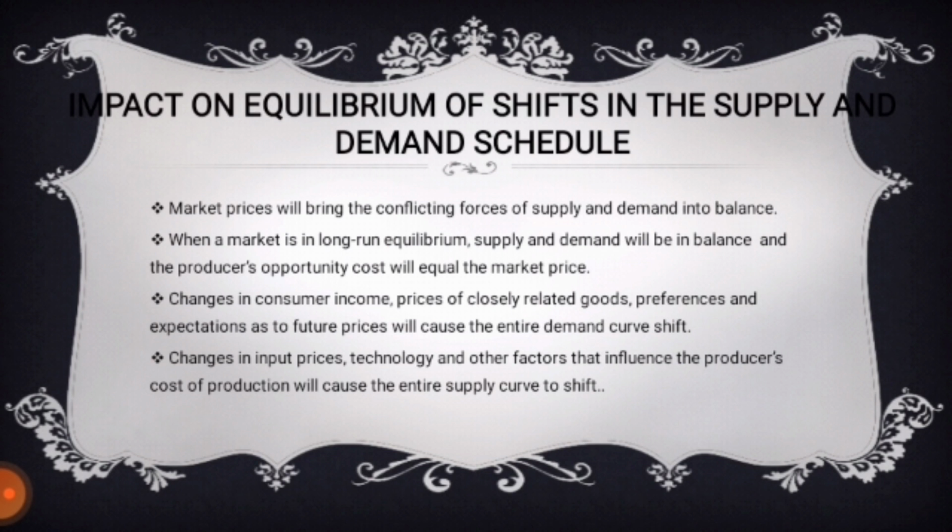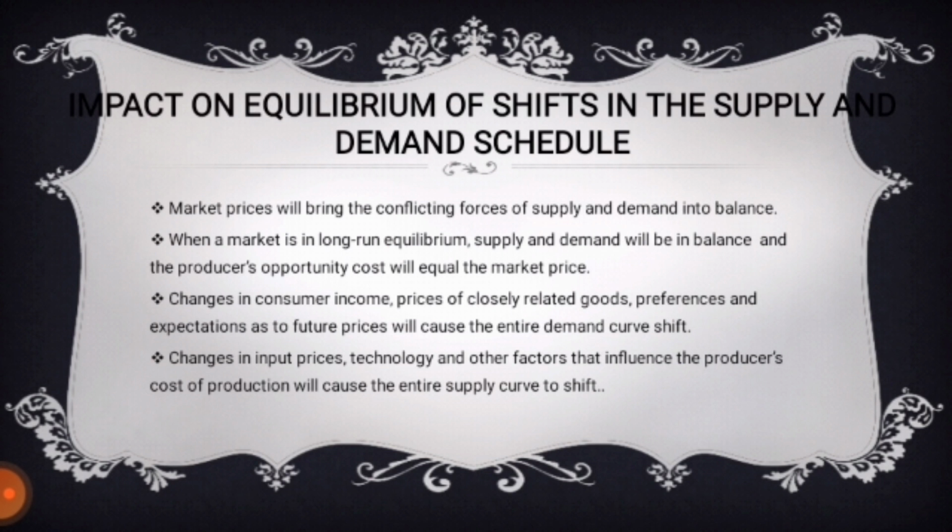The profits will attract additional suppliers, cause lower prices, and push the market toward an equilibrium. On the other hand, if the opportunity cost of producing a good exceeds the market price, suppliers will experience losses. The losses will induce producers to leave the market, causing price to rise until equilibrium is restored.